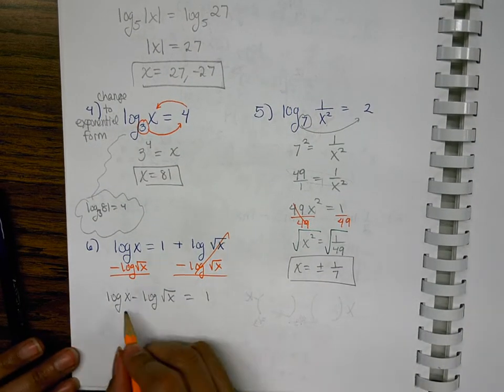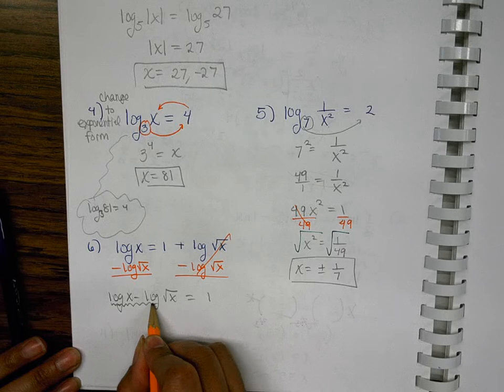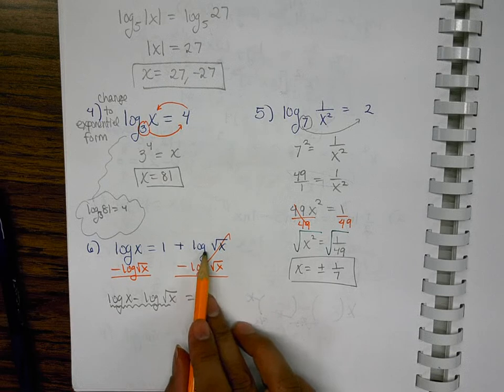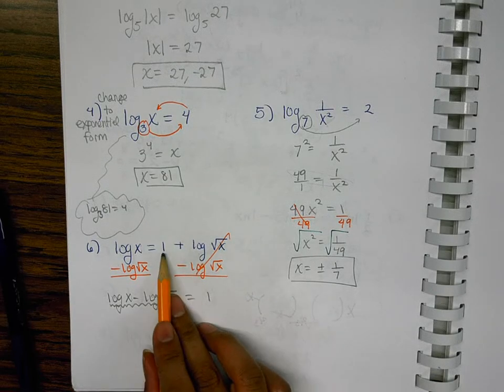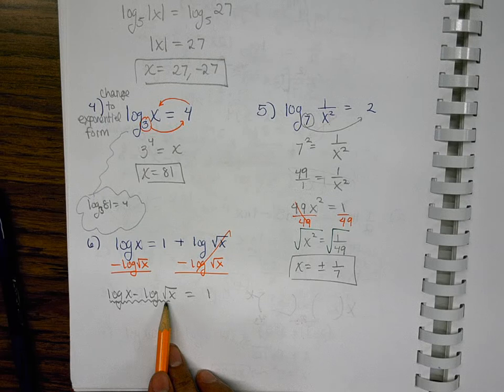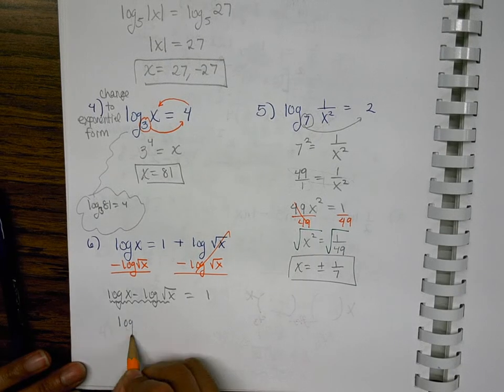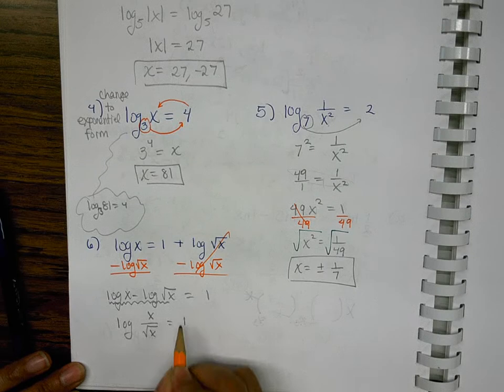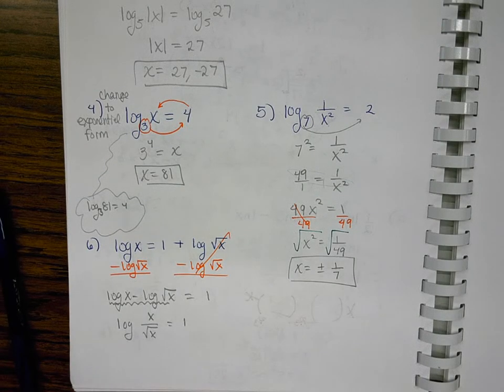Now I can condense this to a single log because it's subtraction and they're both logs. Where this was addition, but only one was a log and one was not. So this one I can condense because there's 2 logs and they're the same base. Log of x over square root of x equals 1.